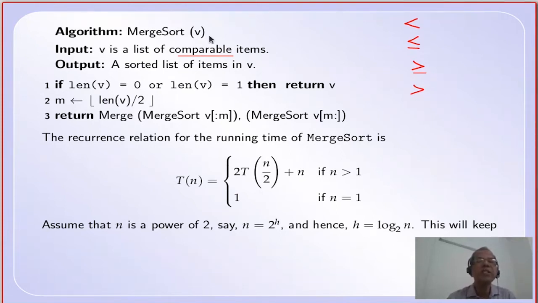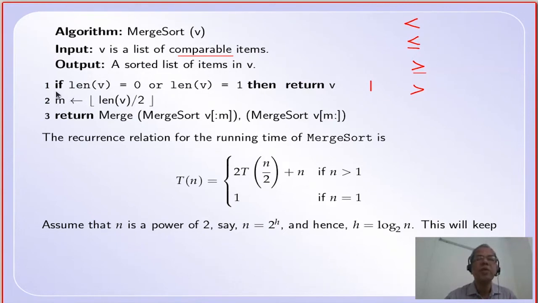Output is a sorted list containing all the items of V. Base case: if the input list V is an empty list or contains only one item, output is also V. Length of V is equal to 0 or length of V is equal to 1, there is no work to do, therefore return V, constant work, 1.